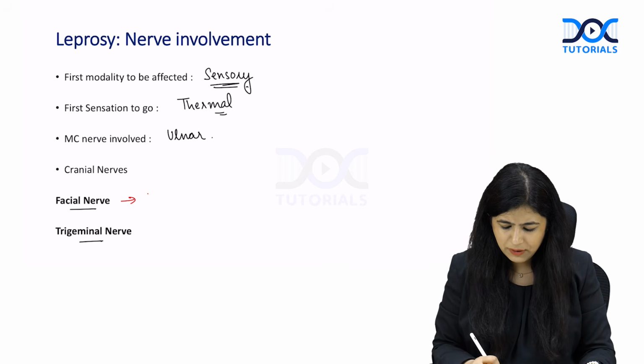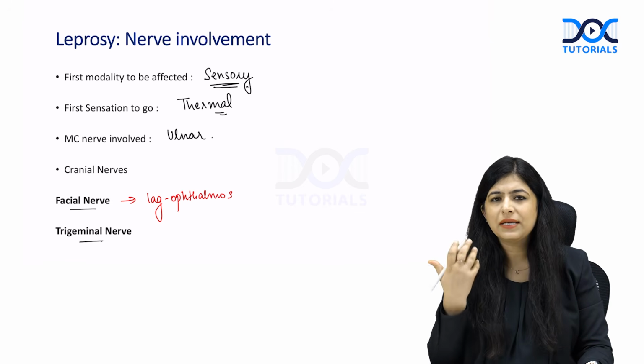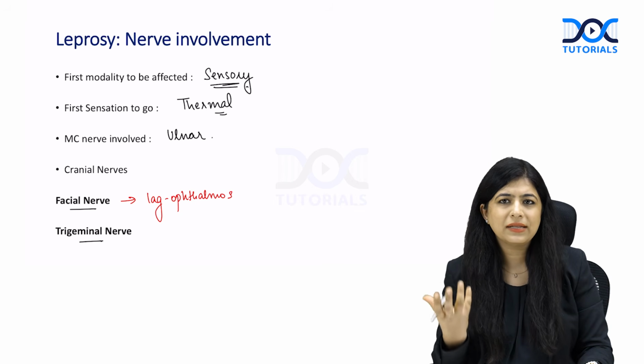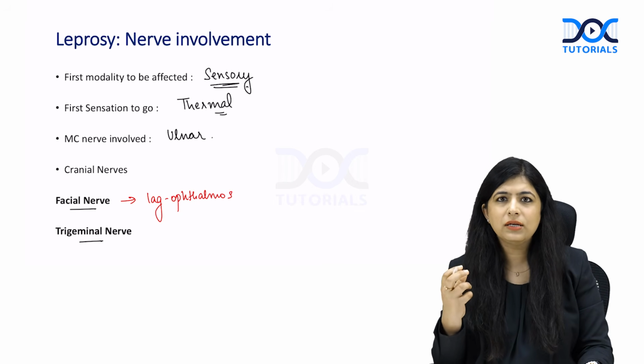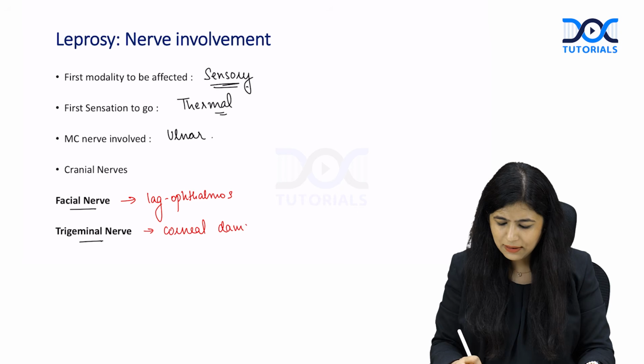Damage to the facial nerve, patient can present with lagophthalmos, while the trigeminal nerve carries the sensation from the cornea. If there is any dust, any dirt entering the eye, you are not blinking, there will be a risk of damage to the cornea, and patient can present with keratitis.